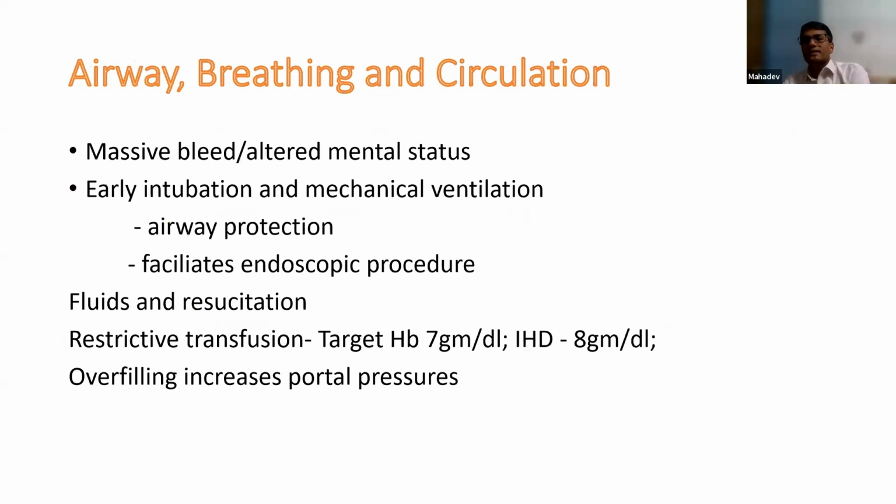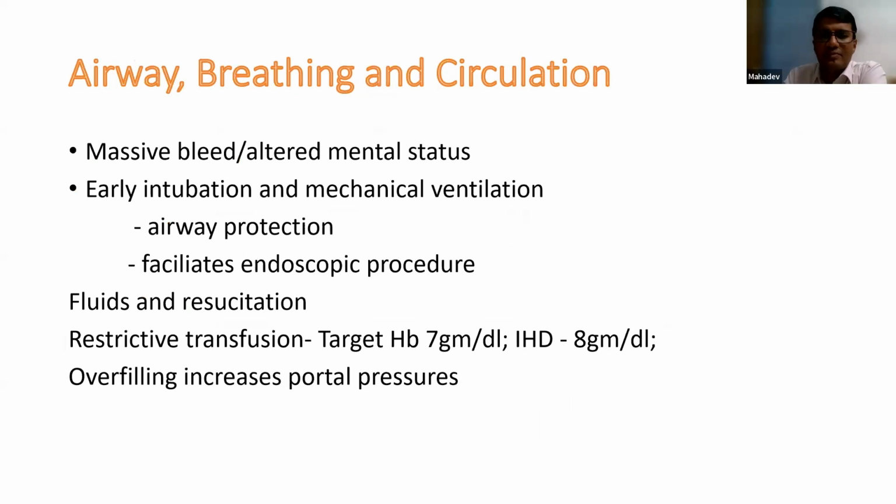Once we triage and take them in, like any other critically ill patients, we need to take care of airway, breathing, and circulation. If there is a massive bleed or altered mental status, then we have to intubate these patients and connect them to mechanical ventilation.